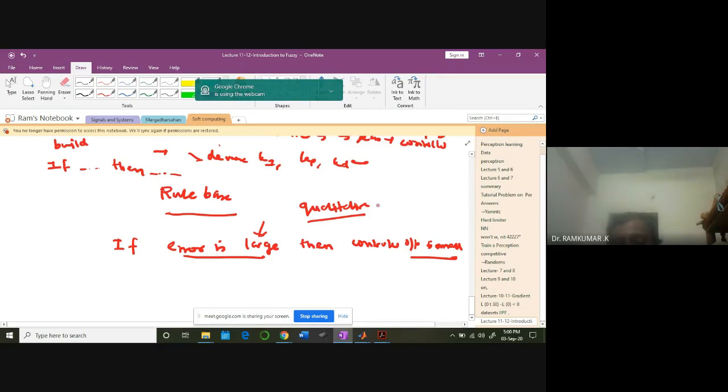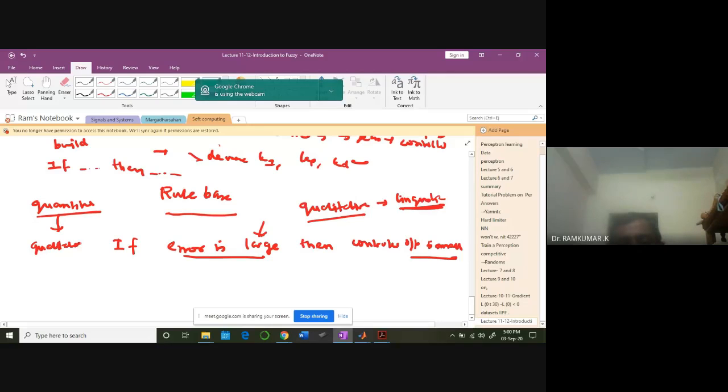Qualitative means not quantitative. Using your linguistic skills you are trying to explain, not in a quantitative manner. So you are converting quantitative error data into a number of fuzzy sets in a qualitative manner. And then you are going to work with that data by appropriately defining this kind of rule base.